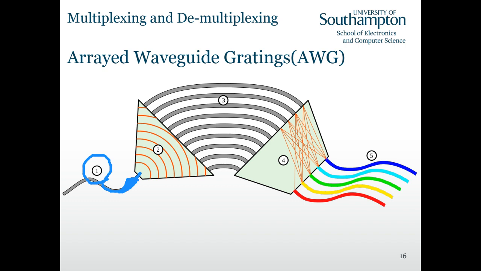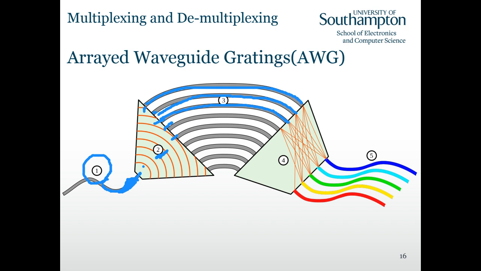All the wavelengths propagate to different ports here, and then they travel in the waveguides here. All the waveguides are of different lengths, but every waveguide has a mixture of all wavelengths. So all the wavelengths are still not separated in 3.